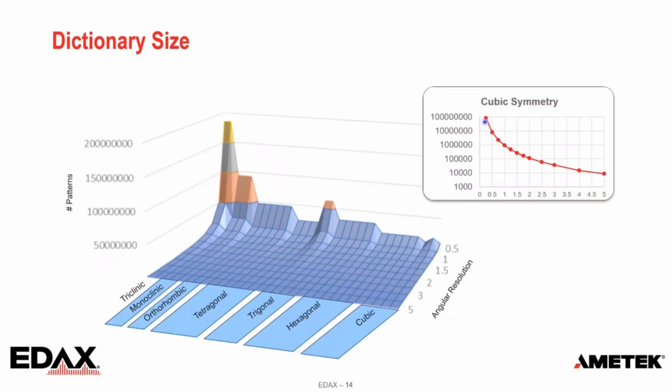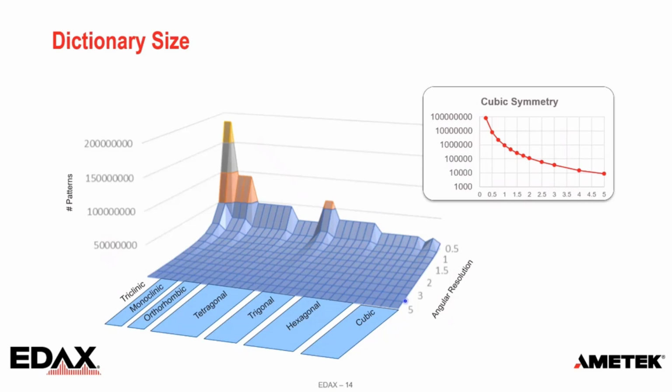And in practice, you end up needing to do something in the 1.5 to 2.5 degree resolution. If you go beyond that, you start having trouble with indexing. And if you go much below a degree or a half a degree, then the number of patterns you have to simulate really blows up.